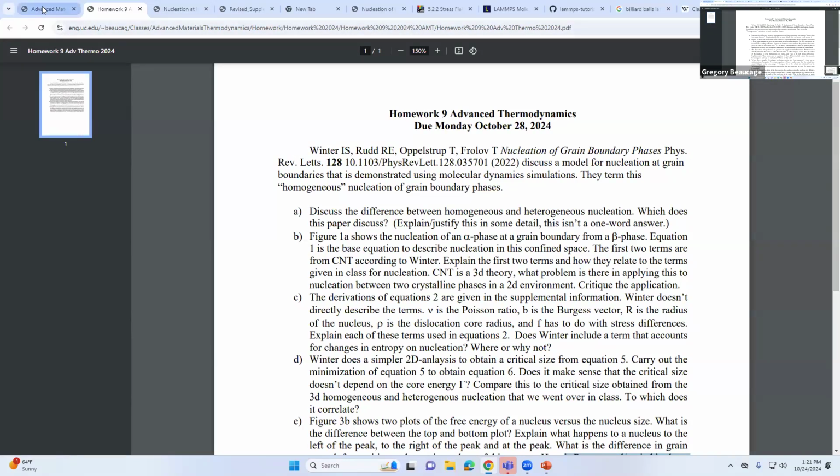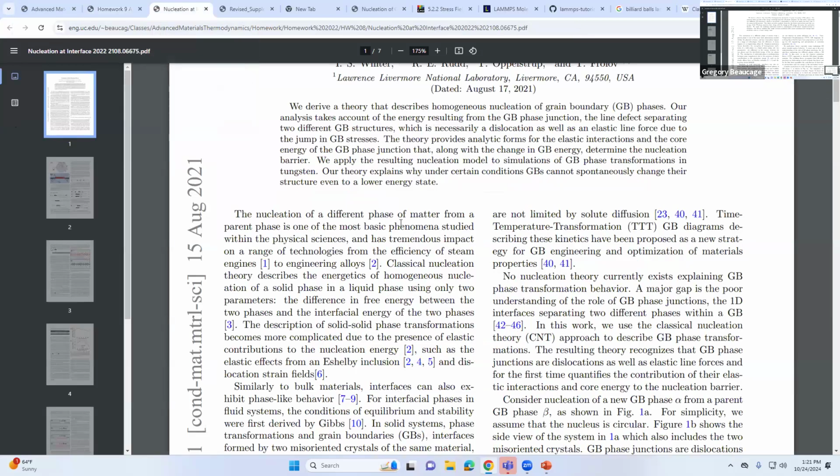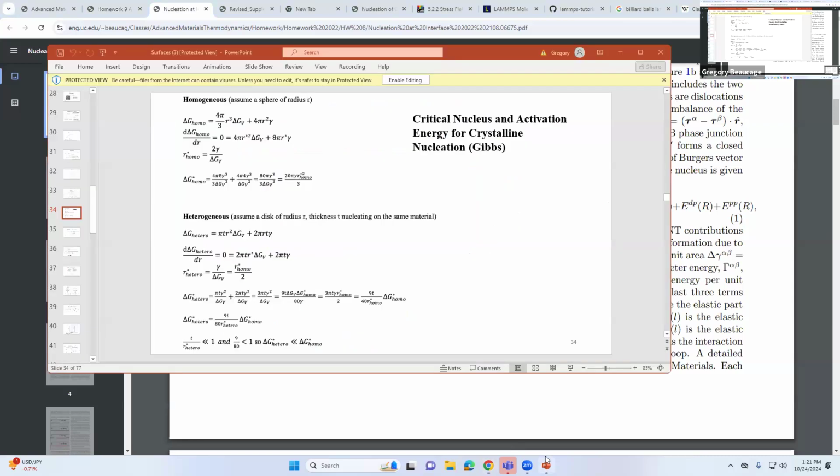Any questions on this thing? I mean, it kind of looks like it might not be that bad. There's a lot of equations. If you read the stuff about the Gibbs nucleation theory, and then couple it with that paper, it should be okay.